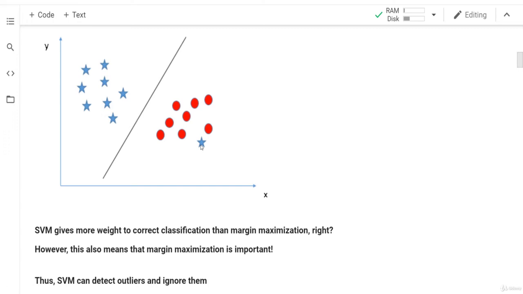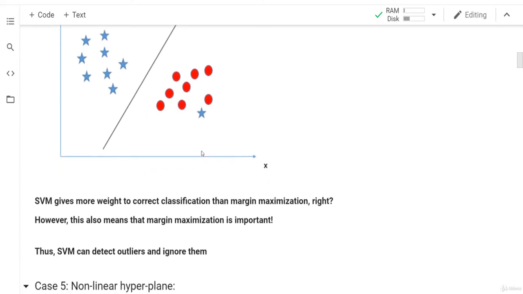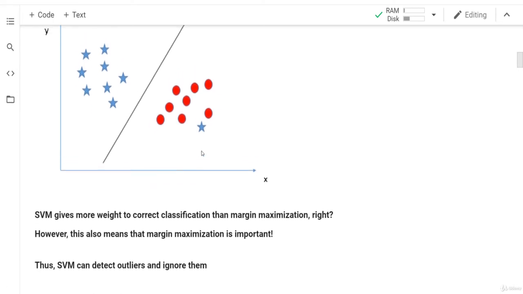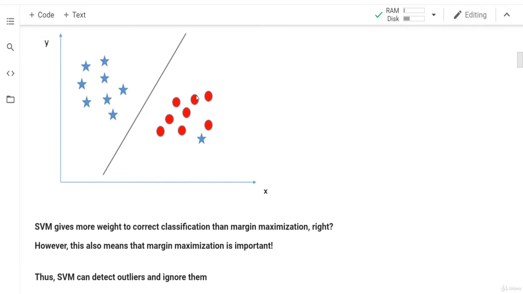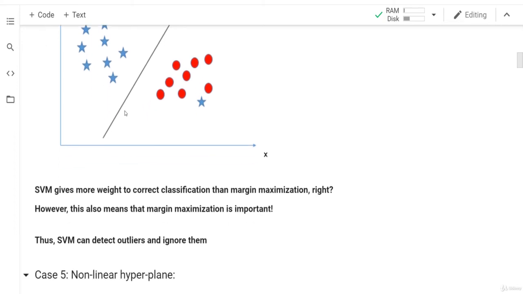So SVM will choose to maximize the margin even if we have incorrect classifications. If we have any misclassifications, this is fine, but we also care about maximizing the margin. That's why SVM can detect the outliers and ignore them.